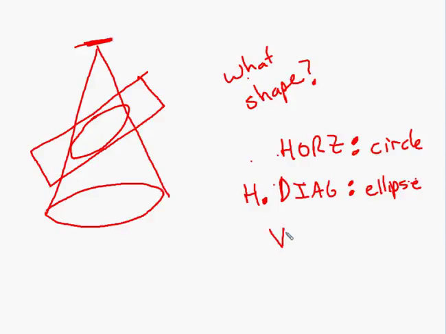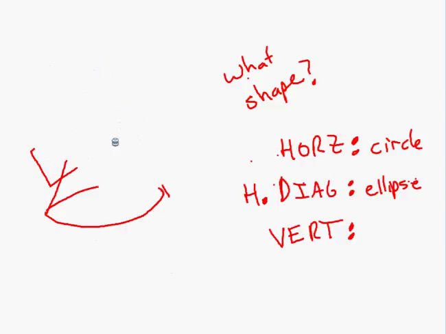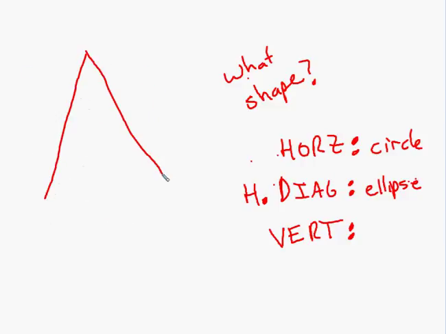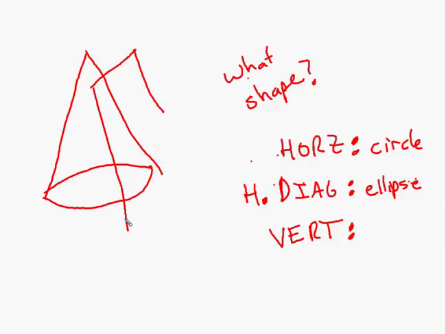Okay, so I'm going to erase this cone. If I went vertically down, so I sliced it like this, hopefully you see you'd get this shape, right?